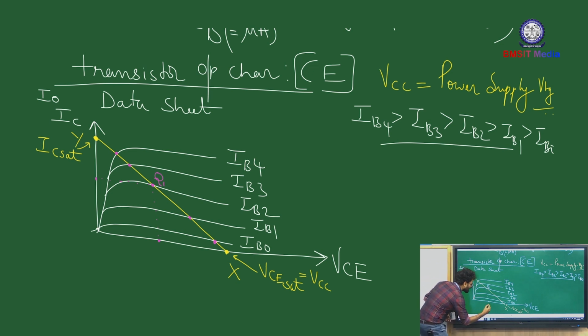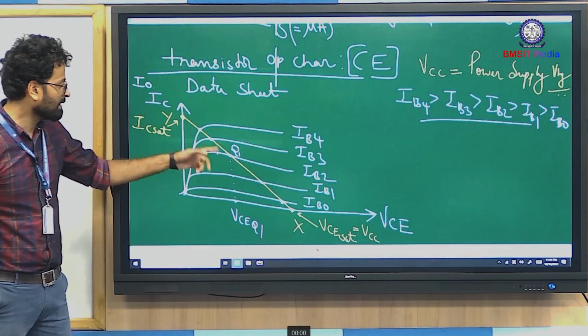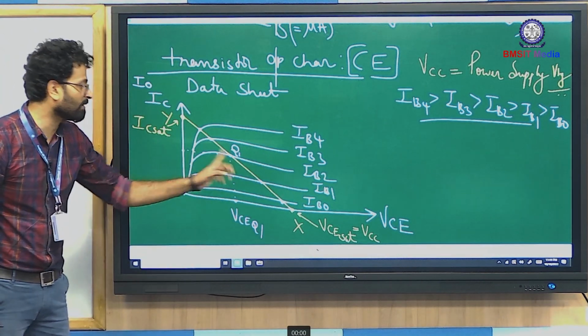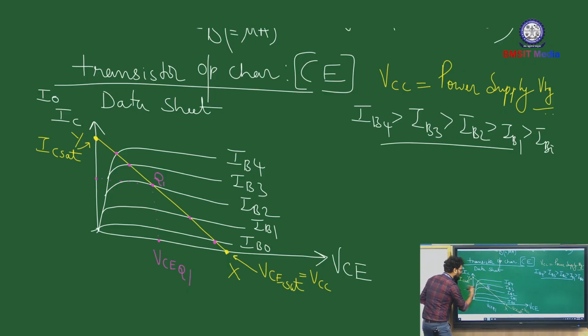The x coordinate we can write as VCEQ1. Since it is found along the VCE axis, let us mark the x coordinate as VCEQ1, Q1 for operating point 1. Similarly, along the y-axis, we get the y coordinate as ICQ1.